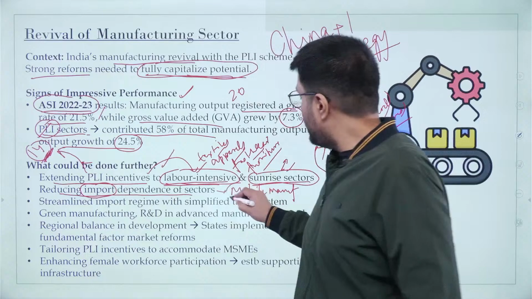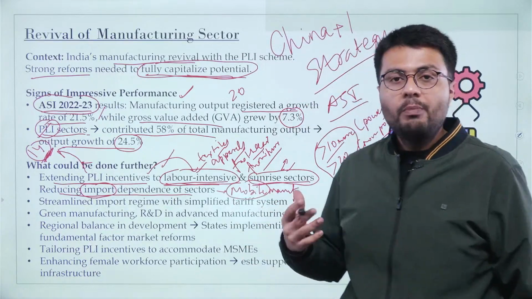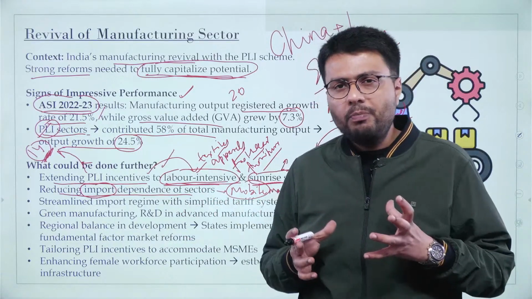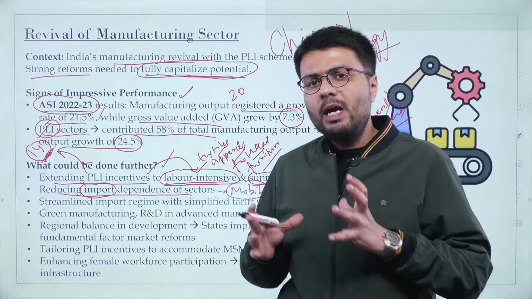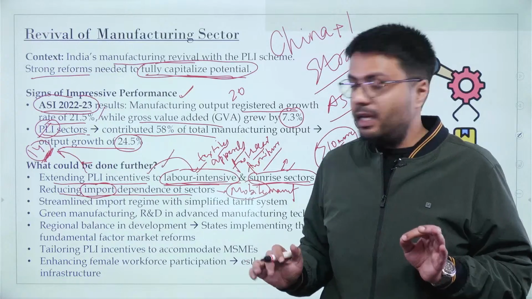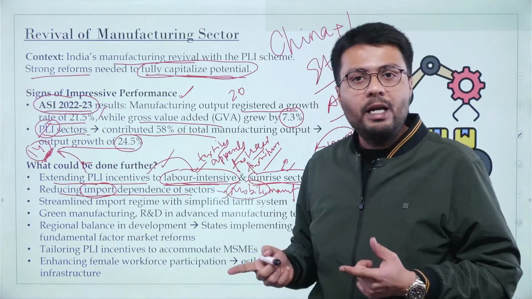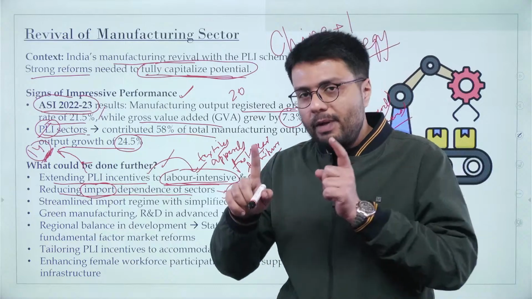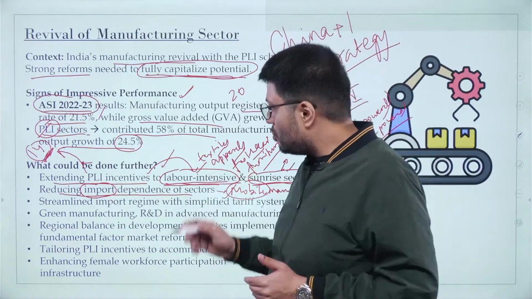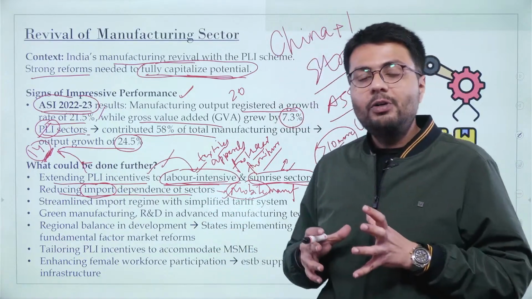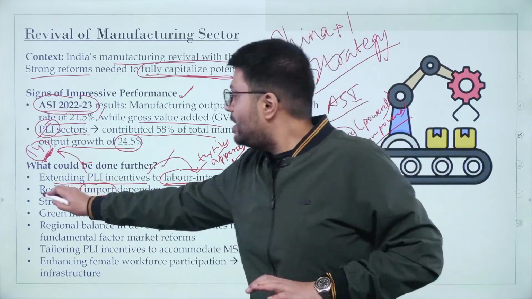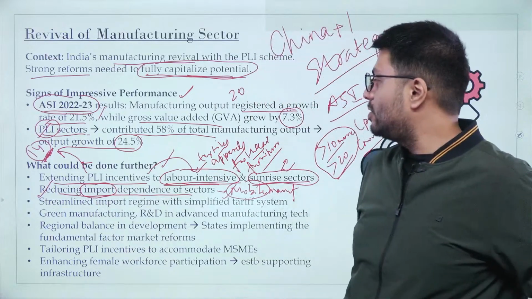Mobile manufacturing requires you to source processors from Taiwan, screens from South Korea, as well as other important components such as printed circuit boards from countries such as China. So, all of these countries originally manufacture the raw material which is assembled in India, and that is why manufacturing in mobile components is taking place. So, although this results in increased exports from India, it also increases our imports. So, we need to reduce our import dependence in such sectors.